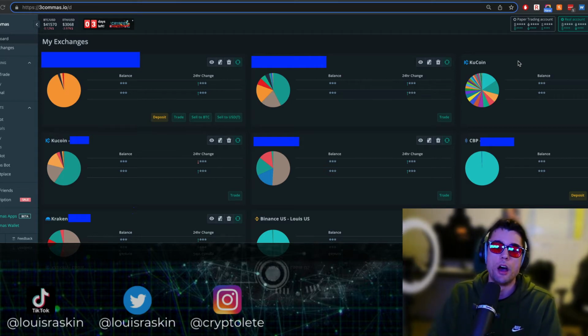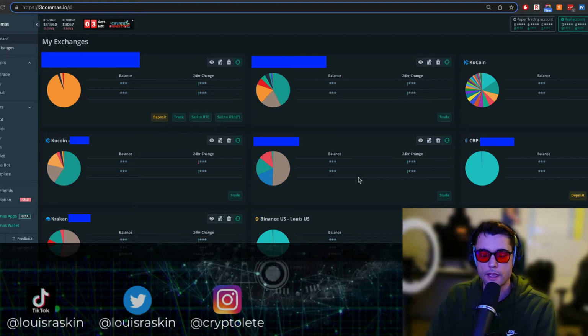And then I have other accounts, such as my other KuCoin account or my Kraken account, where I do actual trades. And so I take the different percentages that I have in here, and it actually tells you the different percentages that you have. So let me go to that screen.